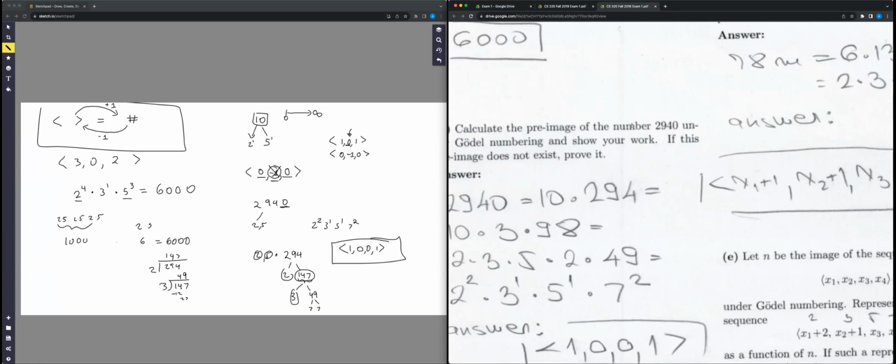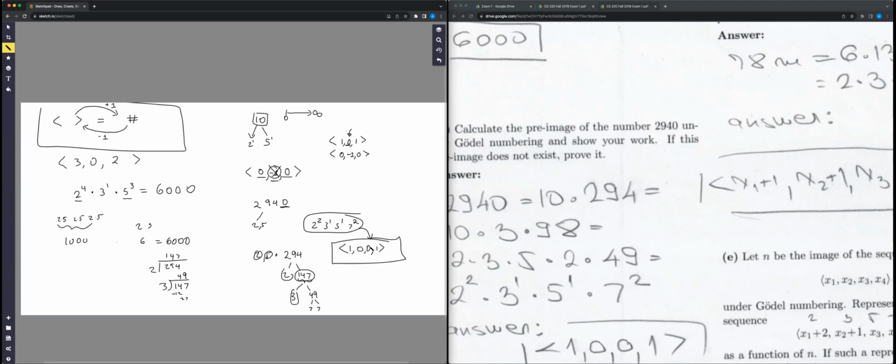So that's what we're calculating, trying to figure out the prime factorization. From 2,940, we got the prime factorization right here. And then from here, putting it into a sequence is just as simple as subtracting 1 from the exponents, seeing that we didn't skip any primes. Does that answer your question?